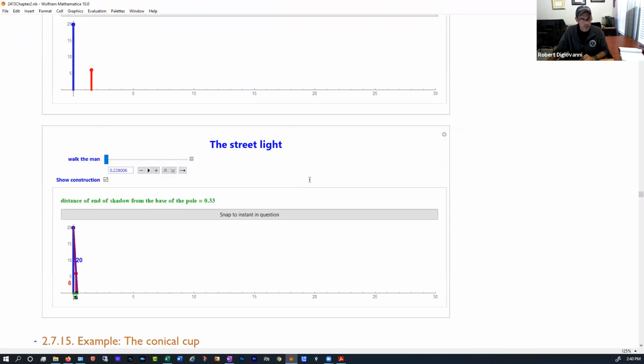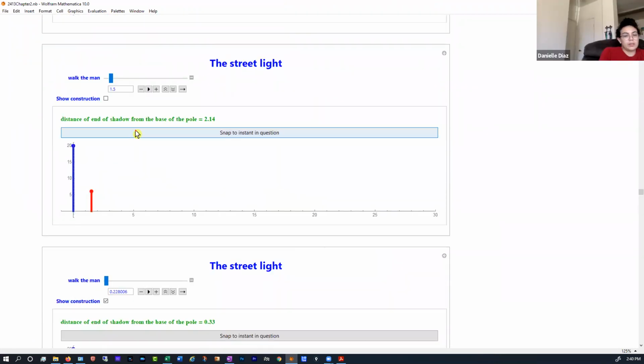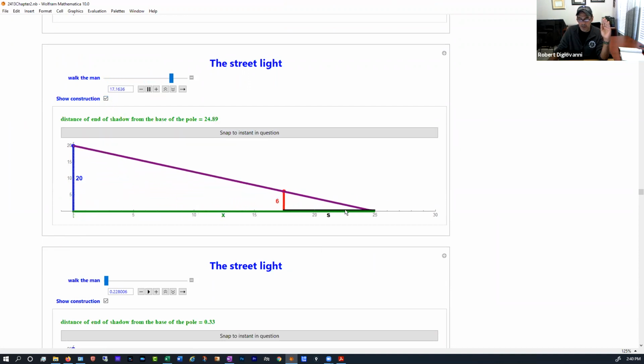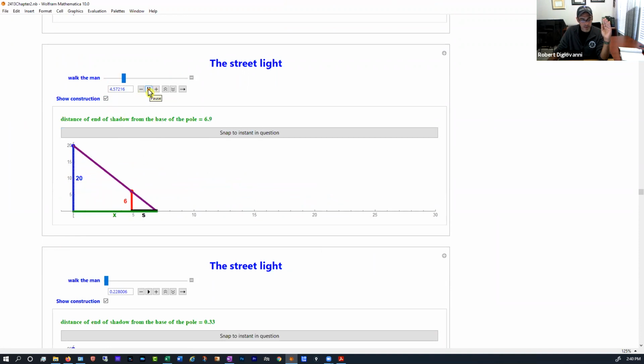Here's another one. This blue line represents a street light, and this is a person, and the person is walking away from the street light. If the light's on, then the light is casting a shadow, so the person's shadow is on the ground. Let me pause this.